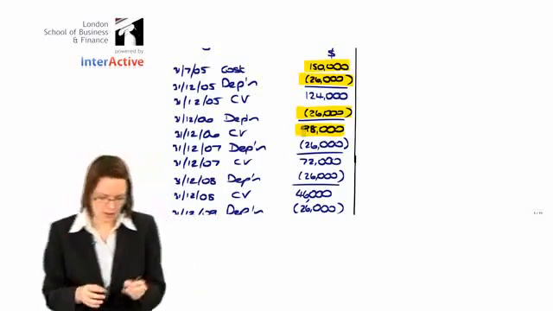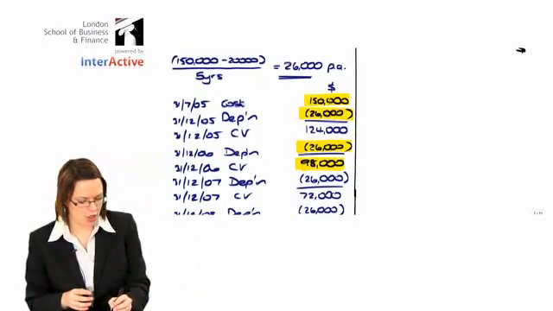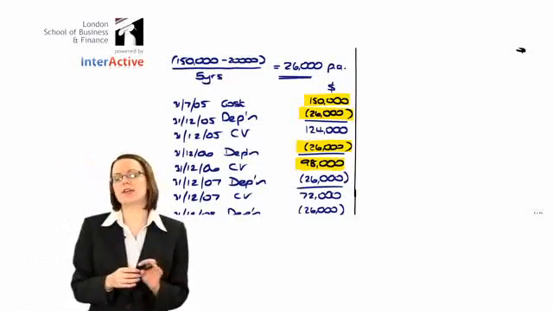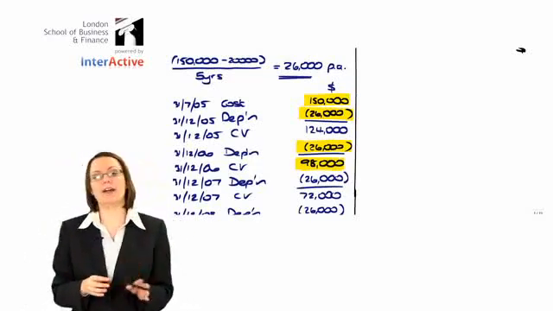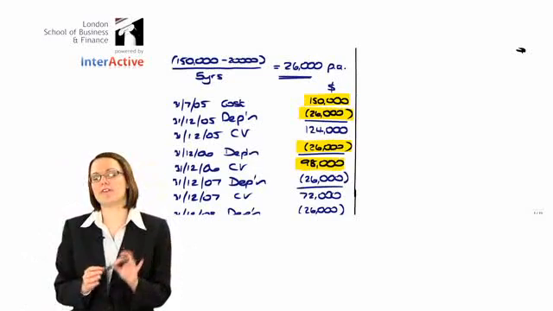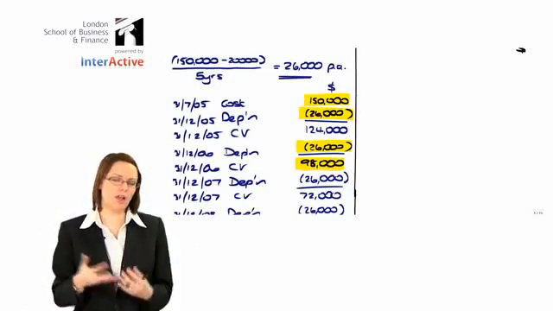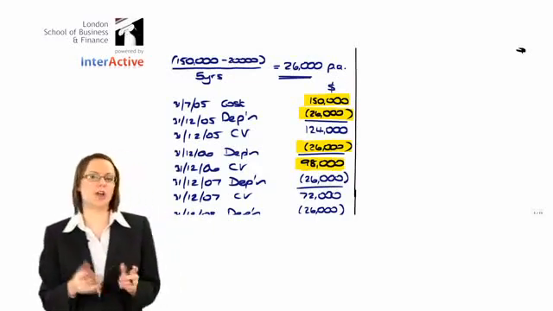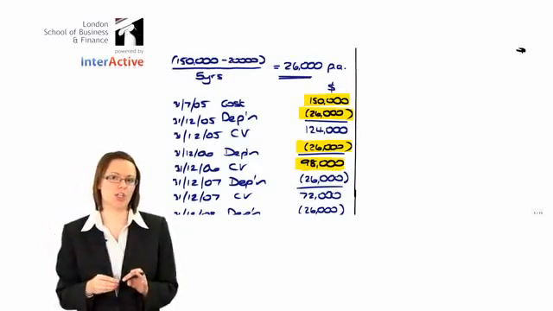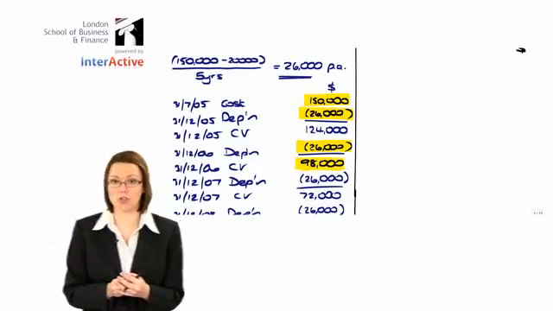So, when we think about our depreciation charge then, it would still be 26,000 per annum straight line, but for the first year, because we've only held the asset for 5 months, well then surely we should only charge 5 months worth depreciation out of the full year's charge.